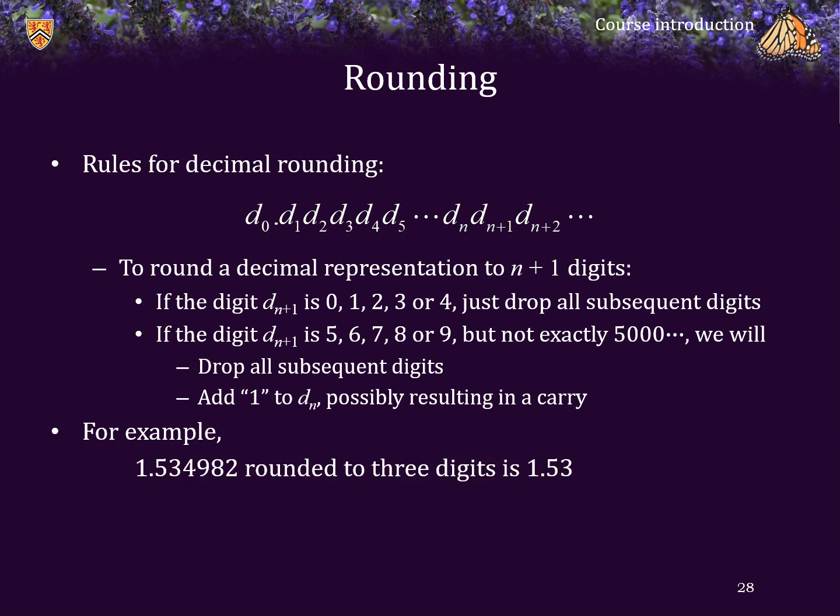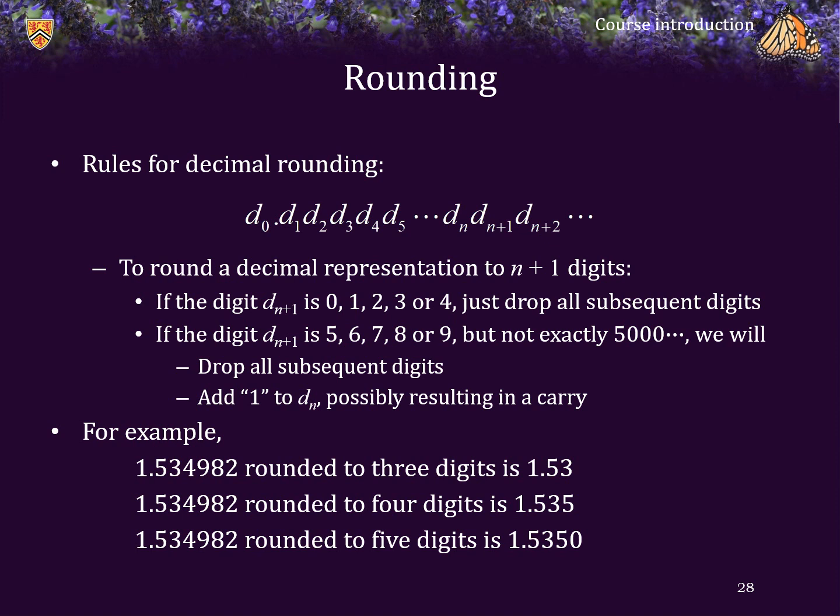So, for example, let us round 1.534982 to 3 digits. Well, that next digit is a 4, so we simply truncate all subsequent digits, leaving us with 1.53. Rounding this to 4 digits, we note the next digit is a 9, and thus we truncate, but we add 1 to 4, resulting in 1.535.